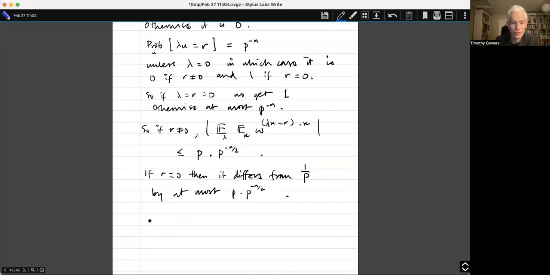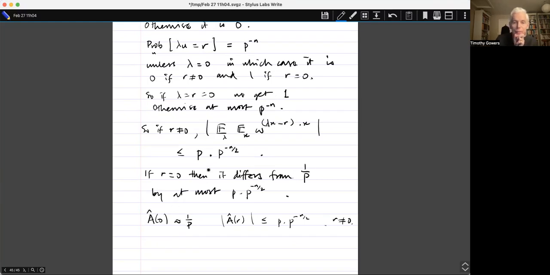So what that tells us is that a hat of 0 is very, very close to 1 over p, and a hat of r is very small for all r not equal to 0. So a has, apart from the trivial Fourier coefficient, density almost exactly 1 over p.